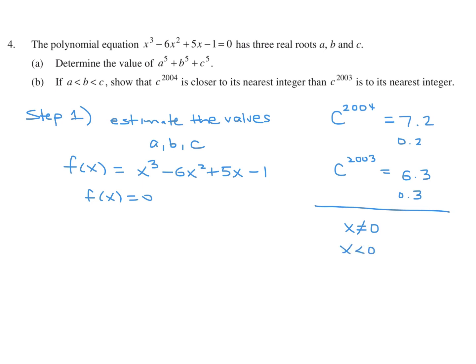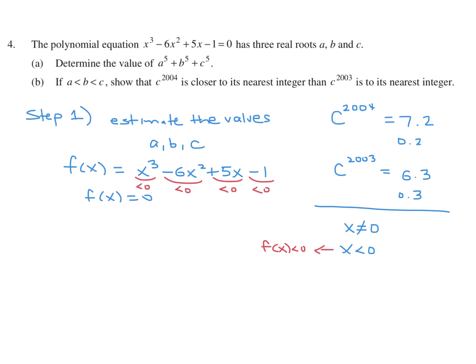If x is less than 0, then we have a situation where this will be less than 0, this will be less than 0, this will be less than 0, and this is already less than 0. So f at x is also going to be less than 0, which means it can't equal 0.